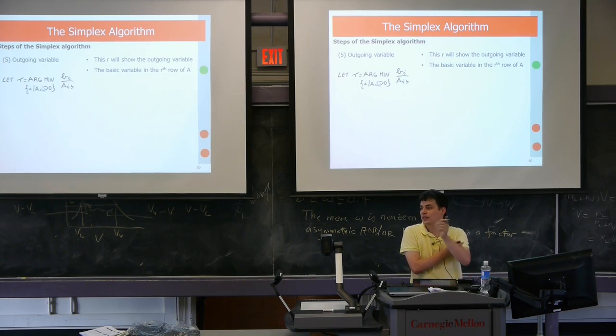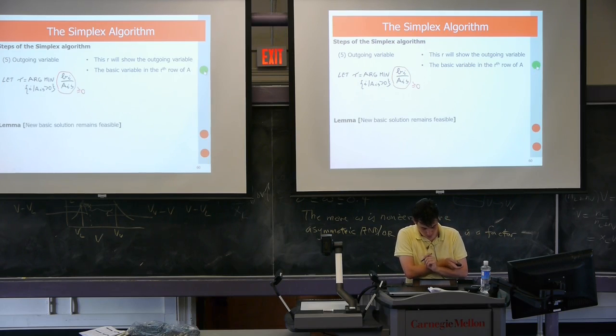So you decided that the S column comes in. You calculate this ratio, and you choose the minimum value. And we will pivot in this place.